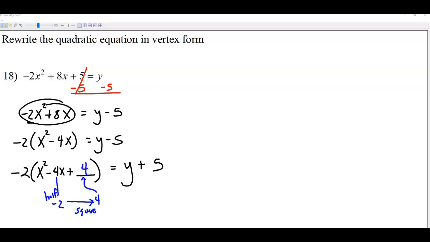The next step after that is to fix the balance. So if I add something on the left, I also need to add something on the right. What do we add? Well, we do -2 times 4. We multiply those, and whatever we get, we put that over there. -2 times 4 is -8. I'll rewrite what I have now as a result.